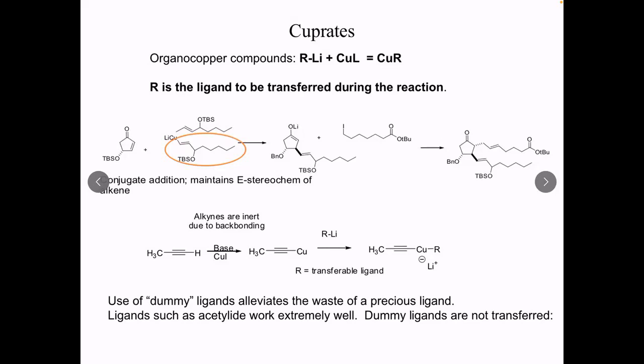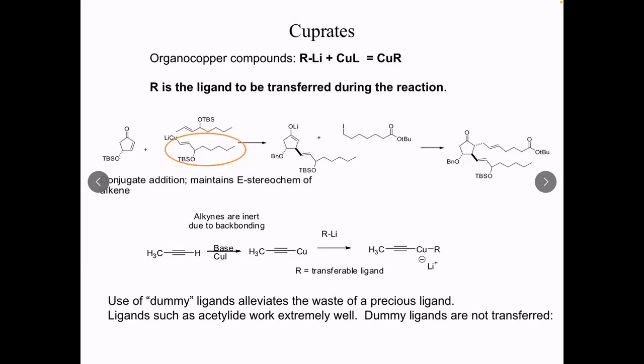Normally your dummy ligand will be like an alkyne, because the alkyne binds really tightly to copper due to back bonding. I think we talked about back bonding. I don't know which lecture, but I know we talked about it, where the d orbitals on copper overlap with the p orbitals on the alkyne, and so when that happens, that's a really good overlap, good interaction.